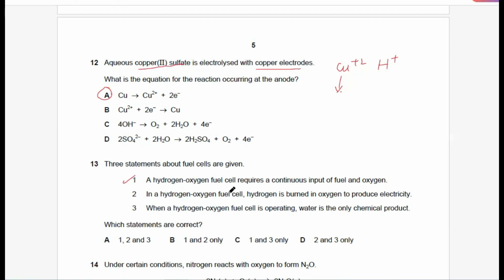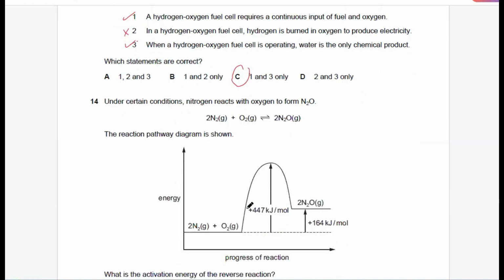It's not the burning basically, so two cannot be right. 3: When a hydrogen fuel cell is operating, water is the only product. This one is right. So here 1 and 3. We are not burning hydrogen basically there.